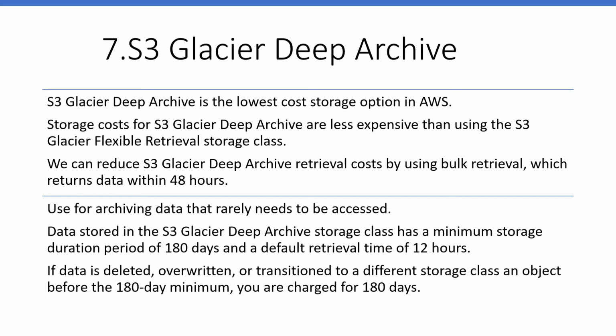Instant retrieval means we have kept the data and it can be retrieved quickly. Flexible retrieval takes more time as compared to instant retrieval. And finally S3 Glacier Deep Archive can take a default retrieval time of 12 hours. So it takes one of the longest times among the Glacier family, but it is the lowest cost option to store our data.